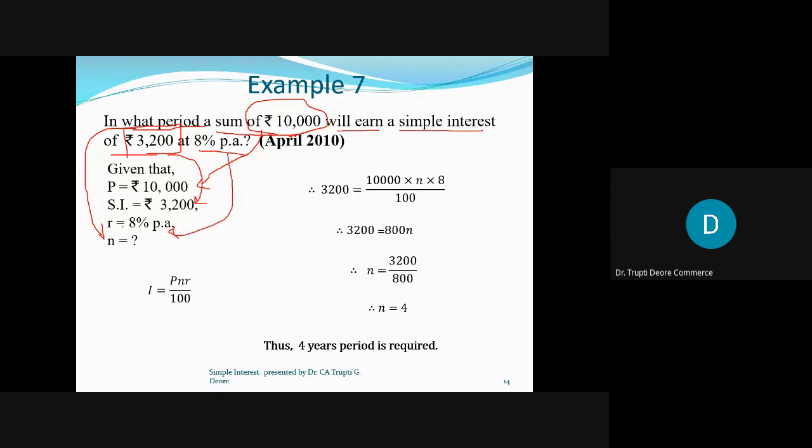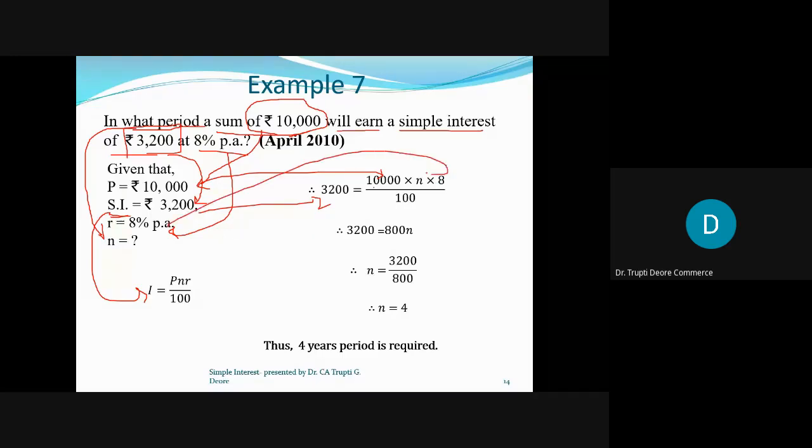So R is 8%. We have the SI given, so we just use the simple formula. I is equal to PNR upon 100. Then we just put in the values. I is given 3,200. Sum invested is 10,000. Rate is given 8. We have to calculate N. So this is simplification. 3,200 here, 100.